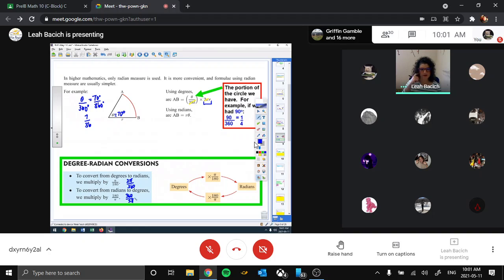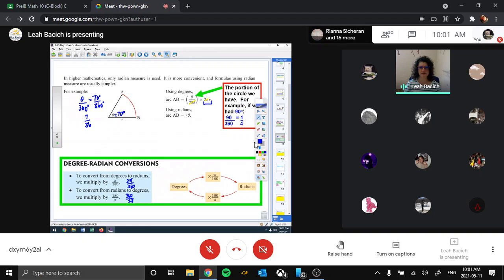Similarly here, if you want to change radians to degrees, you want to multiply by 180 over pi. Someone could also say, well, I'm comfortable with the relationship with 2 pi and 360, so I'll use this one. If I reduce 360 over 2 pi, don't I get 180 over pi? It's the same thing. What would be the advantage to using the pi over 180 and 180 over pi?